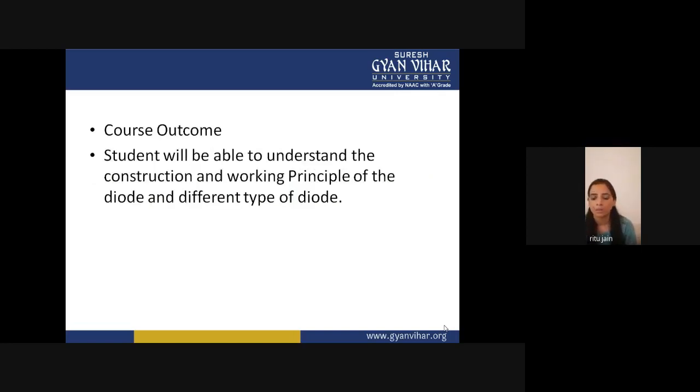After this lecture, I expect that students will be able to analyze the output waveform of the single phase half wave controlled converter.